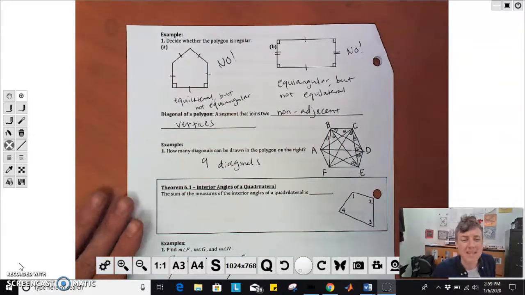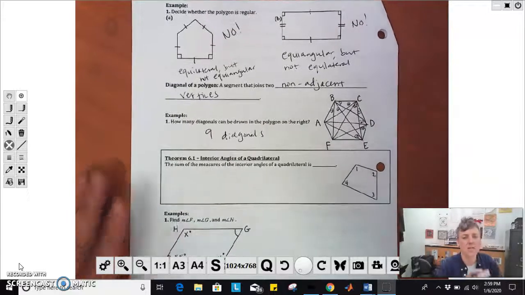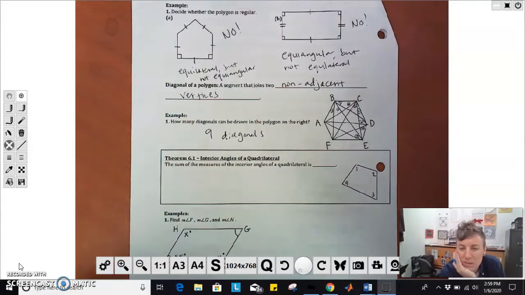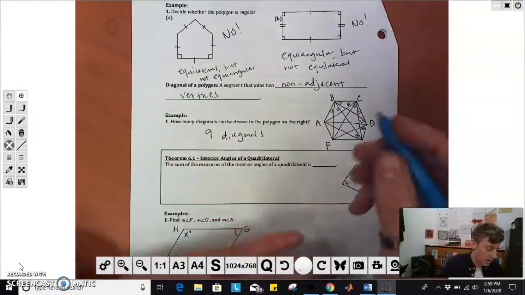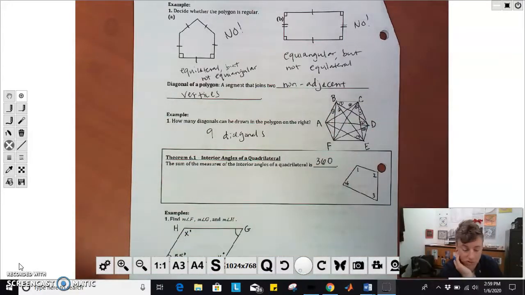Cool, cool, cool beans. All right, we talked about interior angles of a triangle. Do you remember how many degrees were in a triangle? It was 180, that's correct. So how many degrees will be in a quadrilateral? It's going to be 360 degrees, and let me show you why.